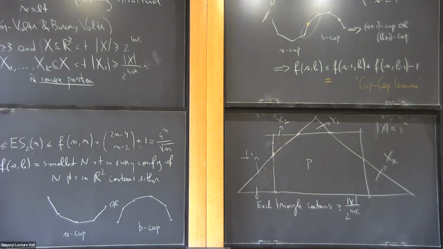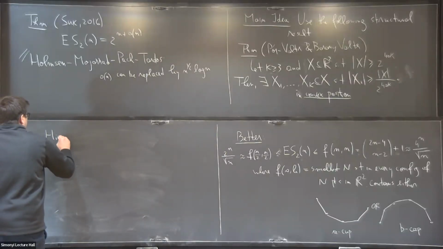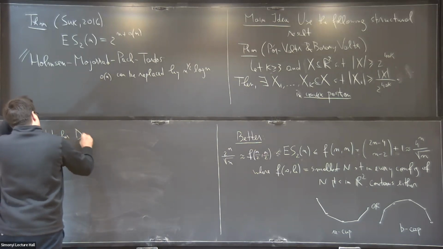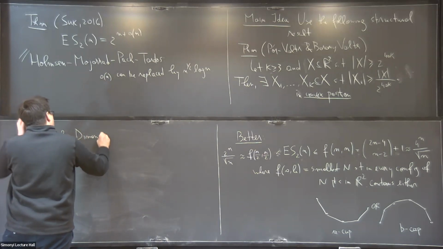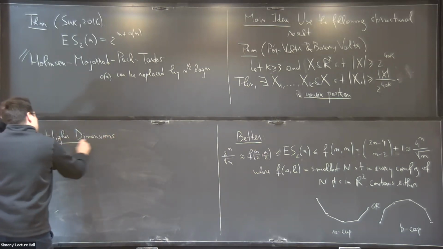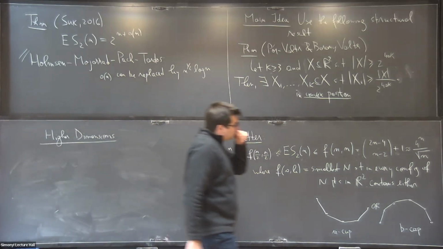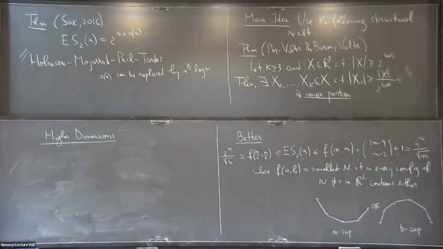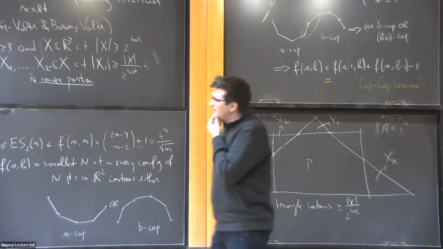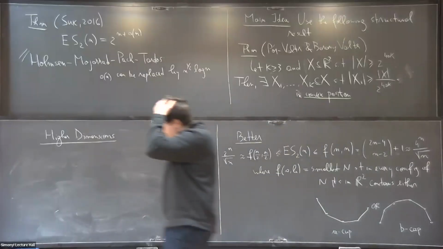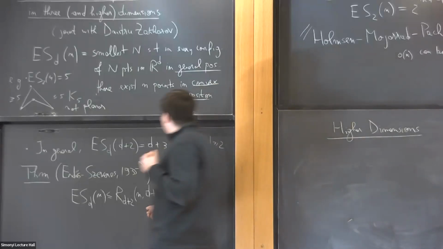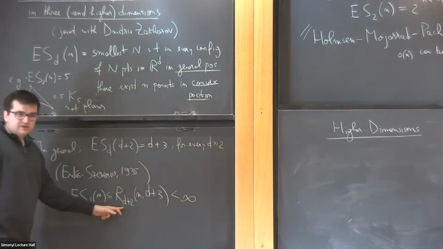Any other question? Okay. So in higher dimensions, the quantitative bounds are on shaky grounds, because, well, this Ramsey-type argument gets, of course, worse and worse.